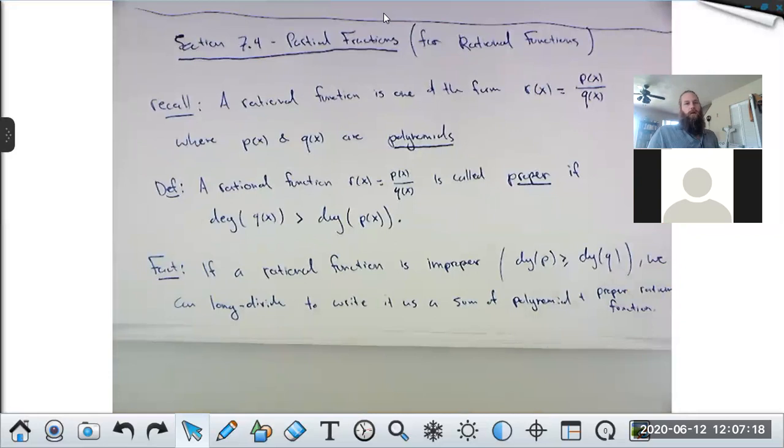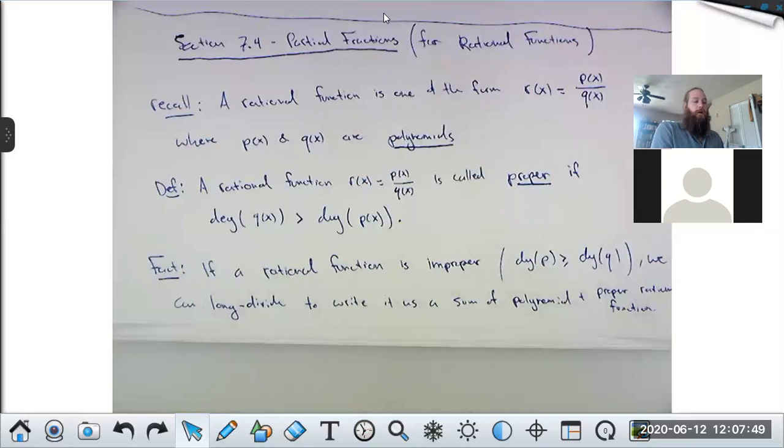Okay, so if I hand you an integral of a rational function and you want to do partial fractions on it, first you need to check whether or not that rational function is proper. We can only do partial fractions on proper rational functions, meaning the degree of the bottom is bigger than the degree of the top. If the degree of the top is bigger than or equal to the degree of the bottom, then you need to start by long dividing.